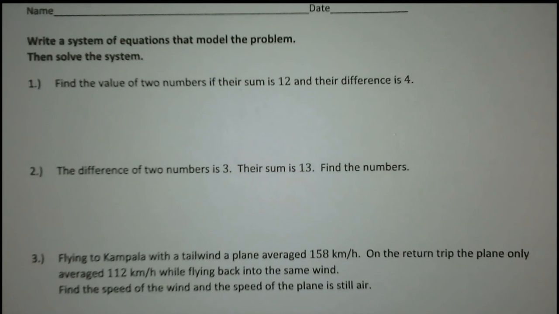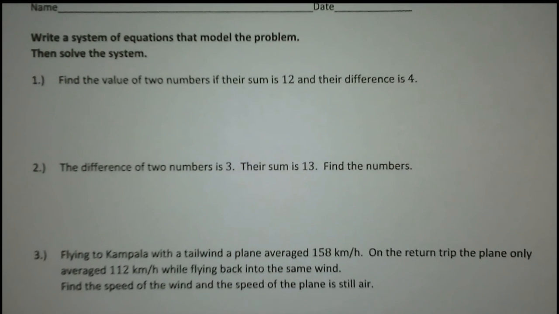We didn't really do much in that regard, but as far as those two methods being compared to the graphing method, the graphing method's great, graph the two lines and see where they might intersect. That method's great, but overall it's not as reliable as the substitution method or the elimination method.